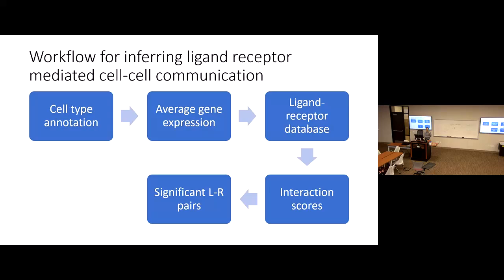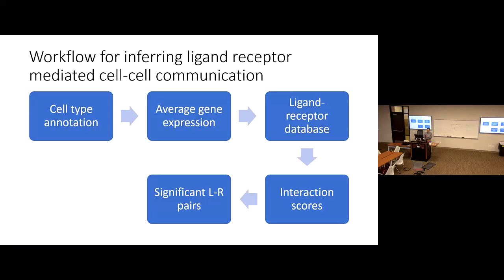Then you look at the gene which encodes the ligand and find its expression level in one of the cell types under study. Our example will be cell type A and B. And then you look at the gene encoding the receptor and its expression level in cell type B. With these two numbers, we do a product to compute the interaction score.